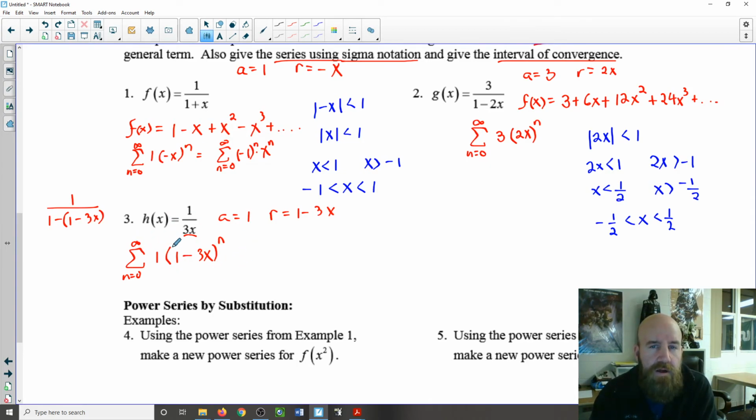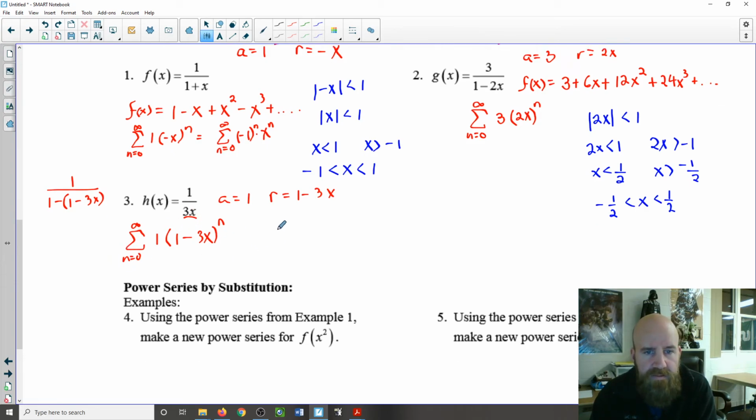So I went a little out of order here. I wrote the power series first. Let's write the polynomial here before I forget. Polynomial would be 1. We have the a value 1, and then times r. So we're going to multiply by r. So we have this quantity, and we can just write it like this.